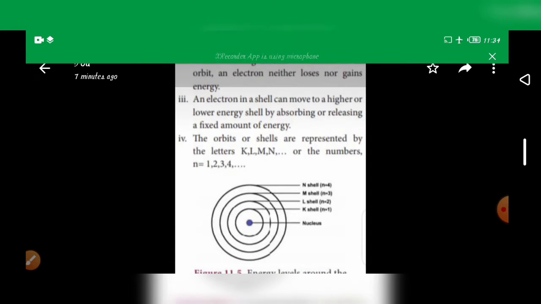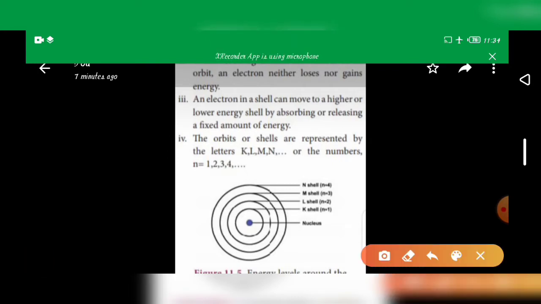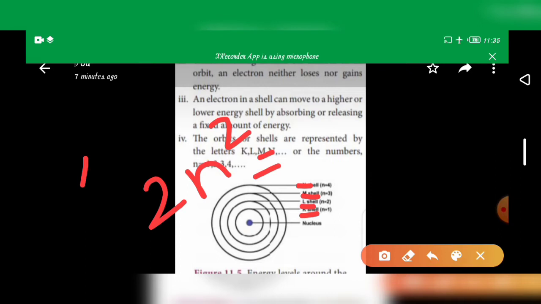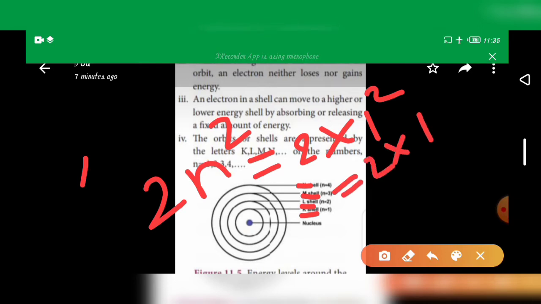Okay, the maximum number of electrons that can be accommodated in each energy shell, K shell, L shell, M shell, N shell, these are energy levels, is given by the formula 2n squared. You know very well, for the first shell we can calculate: n is equal to 1. Substitute the value, 2 into 1 squared equals 2 into 1 equals 2.